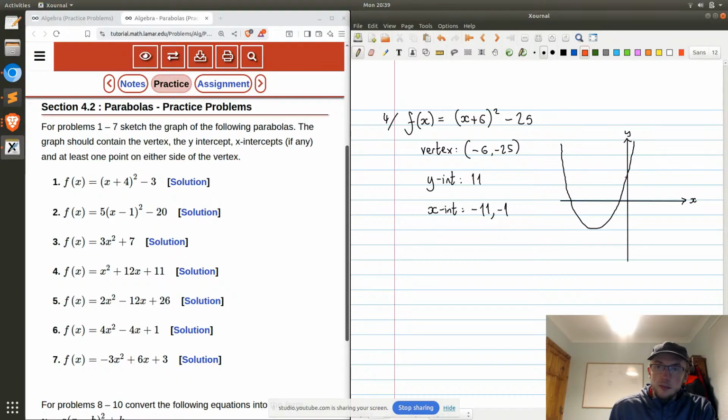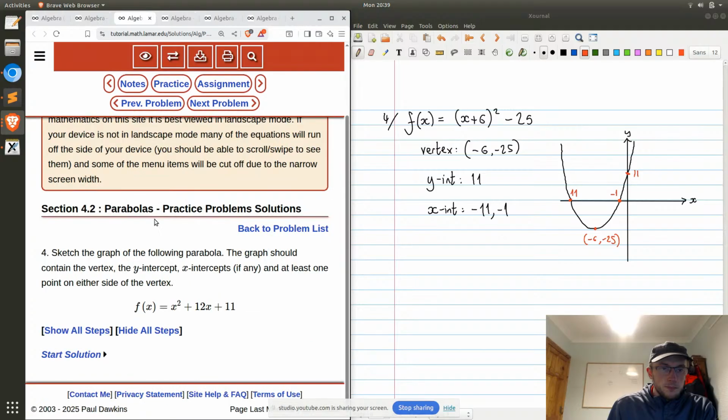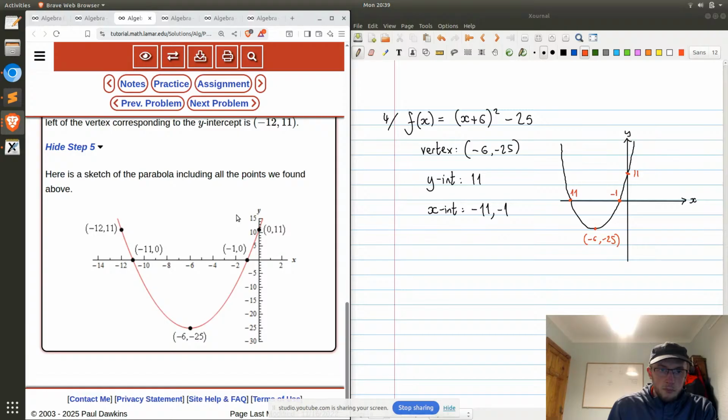It's somewhat passable now. But anyway, the y-intercept was 11. The x-intercepts were negative 1 and negative 11. And the vertex was negative 6 comma negative 25. And that should be okay. Yeah, that's fine.